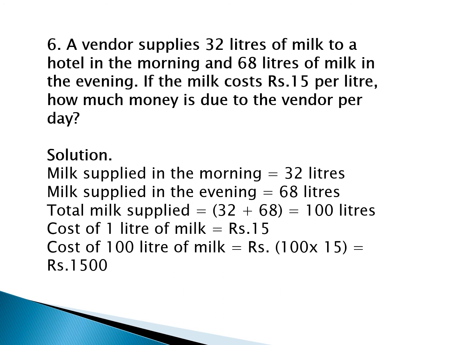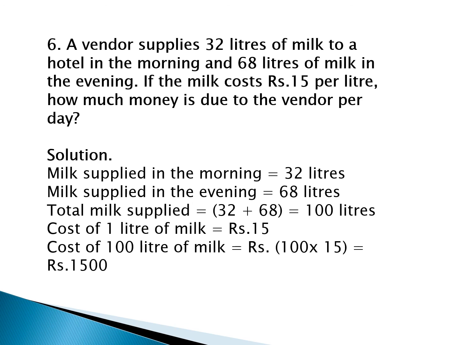Now how much is the total quantity of milk supplied? Yes children, we have to add 32 and 68 to get the total milk supplied. It will be 100 liters. Now 100 liters of milk supplied in the morning and evening. Now the cost of 1 liter of milk is given rupees 15.